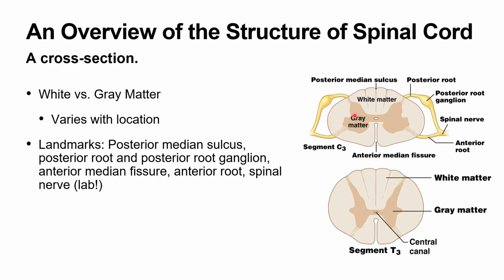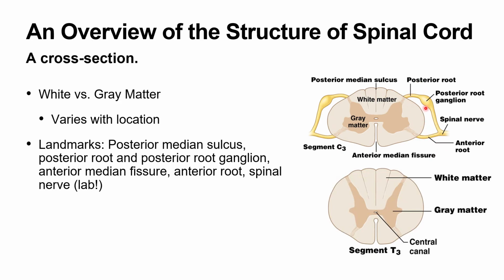Some other key features to note are that we're going to see these nerve roots branching off of the different segments of the spinal cord, and they branch off through what we call the rootlets that come down through the white matter. As they become the roots, we have a posterior spinal nerve root and an anterior spinal nerve root.